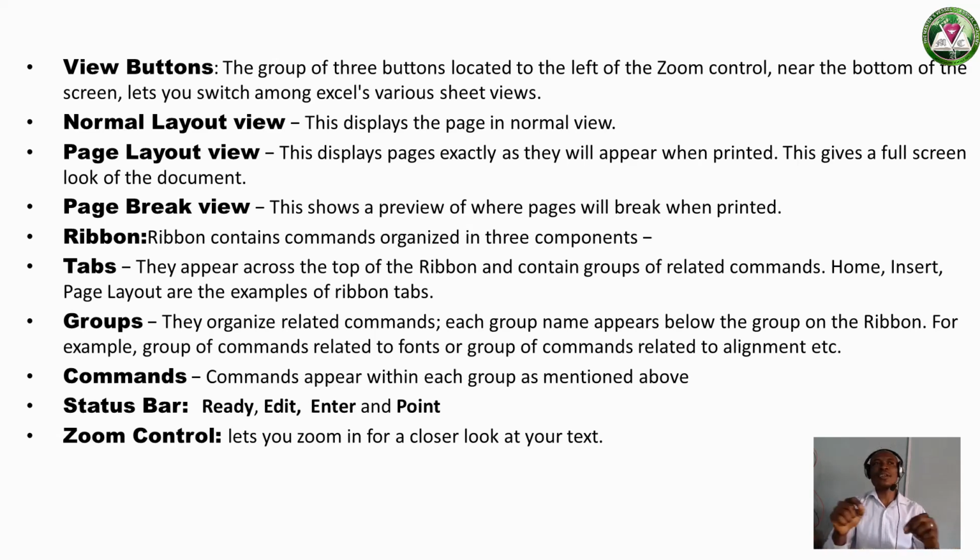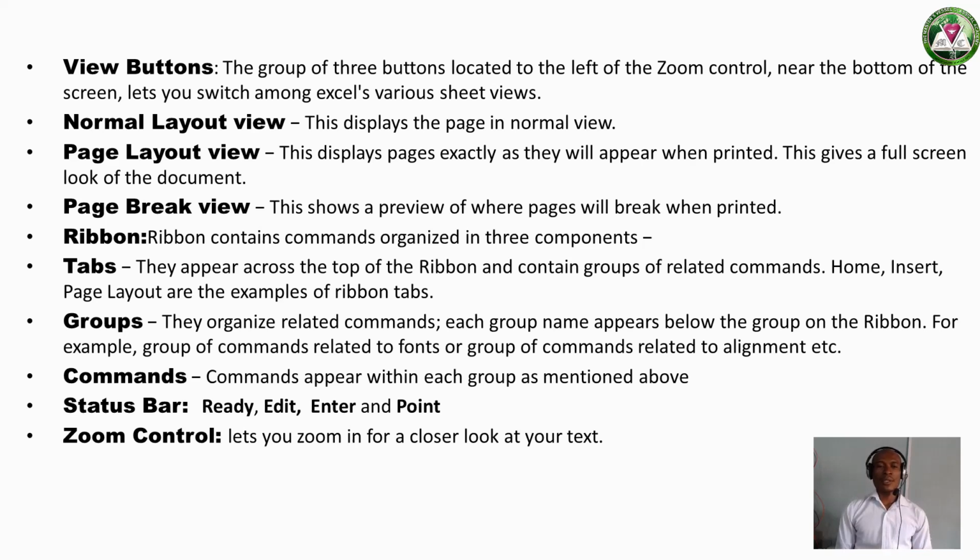So when you click on the group that is related to fonts, that is font, F-O-N-T, it will now show you the font sizes that are available for you to choose. Then when you click on alignment, the group that is for alignment, it will also show you the different alignments that you can apply to your document.